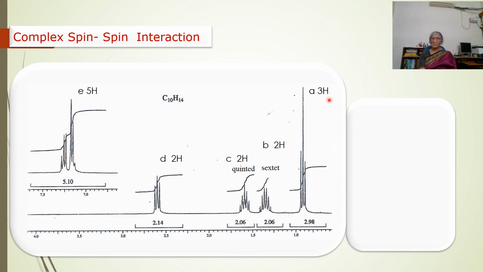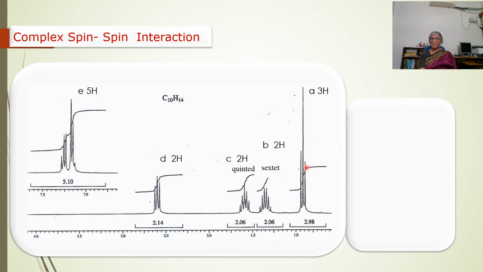Signal A is given by 3 equivalent protons, signal B by 2, signal C by 2, and signal D by 2 equivalent protons.